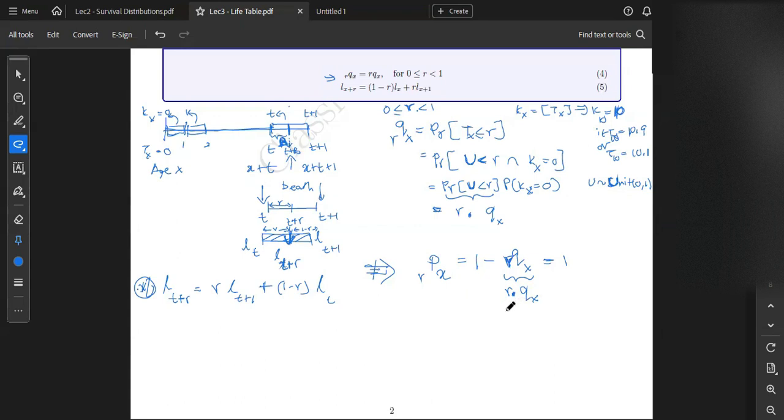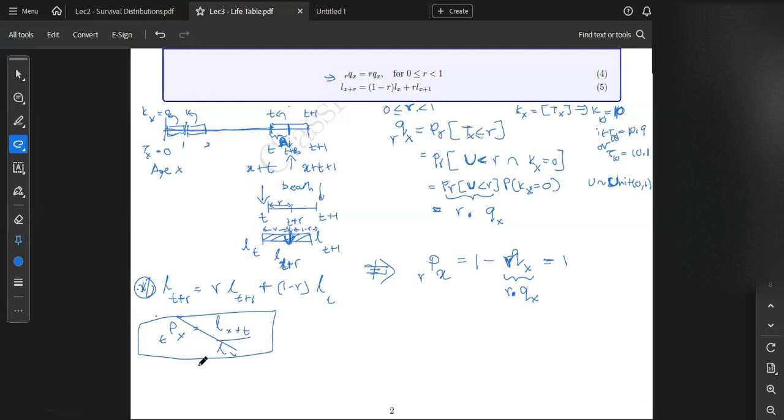Then we need to deal with L, which means the number of survivors. If we could remember, in general, this is the life table function we use for p_x^t.